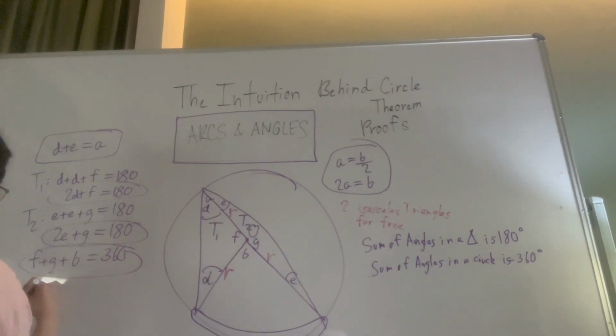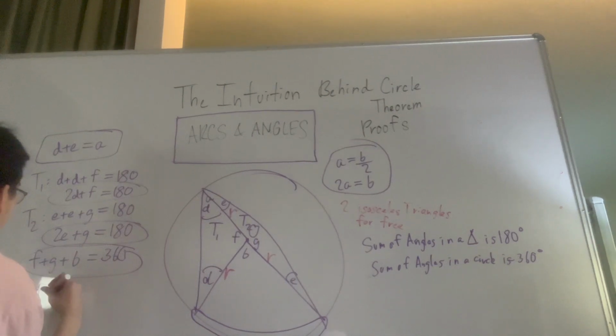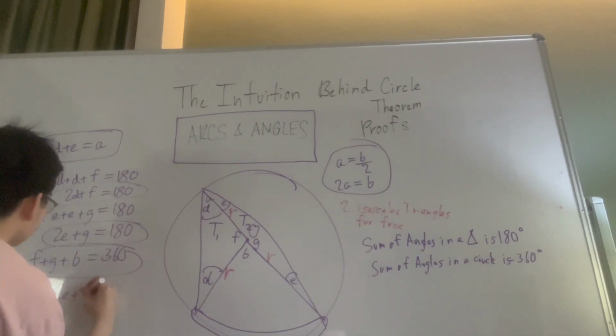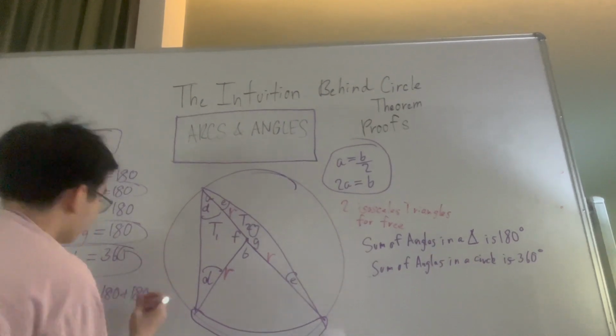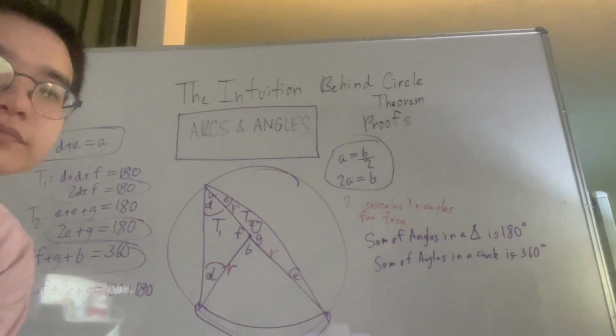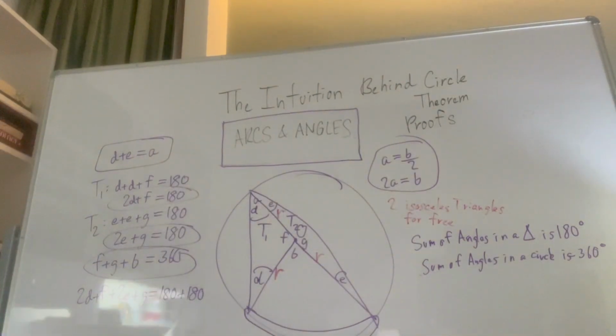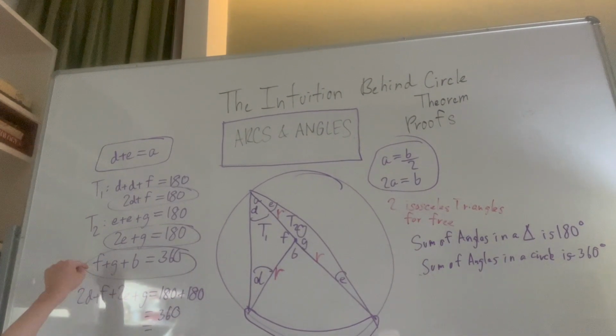So 2D plus F plus 2E plus G equals 180 plus 180, which is 360. Which therefore means it equals this guy over here, F plus G plus B.